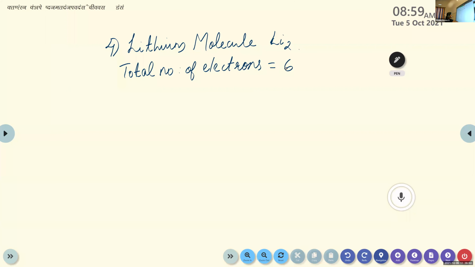The next one is molecular orbital configuration. Shabri, can you tell me the configuration?